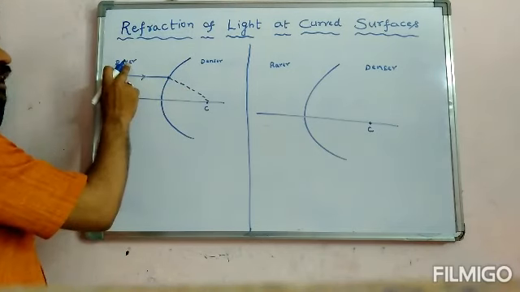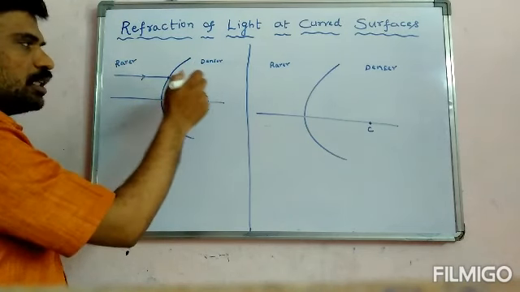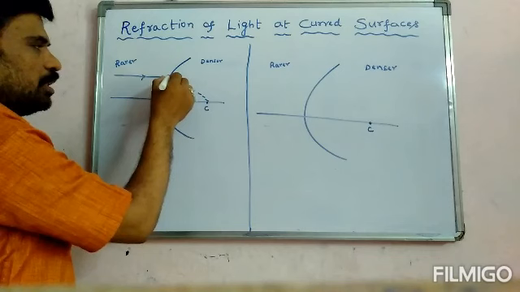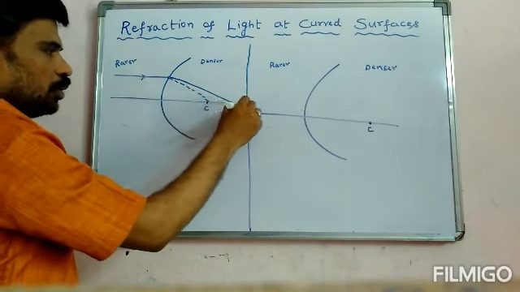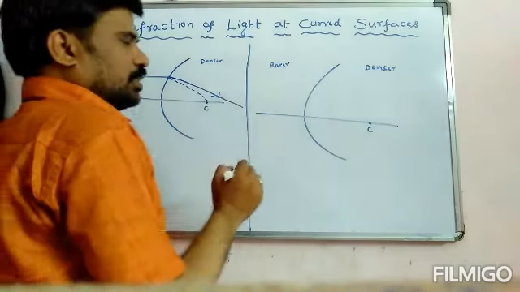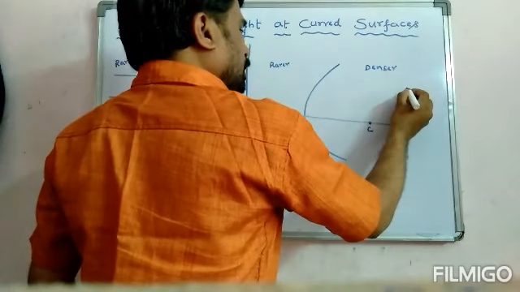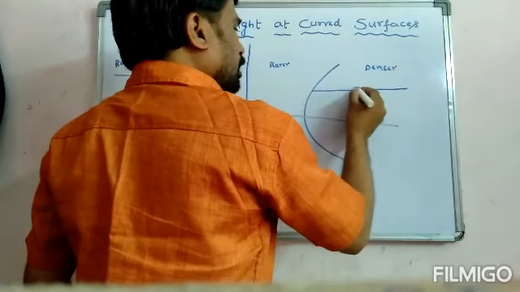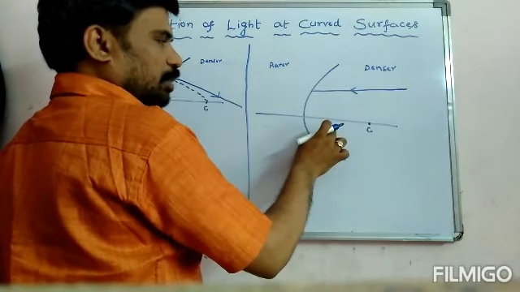Then when a light ray is traveling from rarer to denser, it moves towards the normal. Right. Now let us see this case: a light ray traveling from denser to rarer medium, passing parallel to the principal axis.